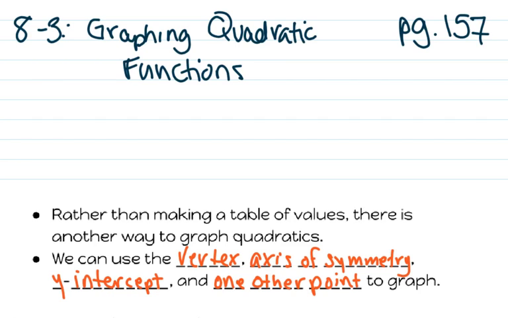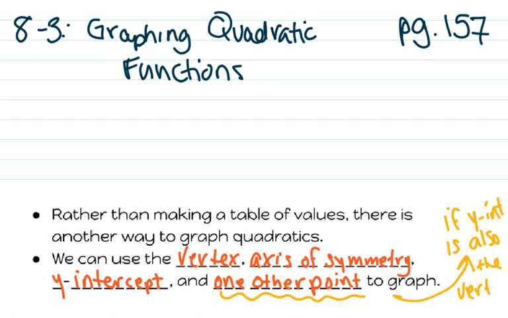This one other point works for most of the cases. The only time that you would need 2 other points is if your y-intercept is also the vertex. Then you would need 2 points or 2 x values.